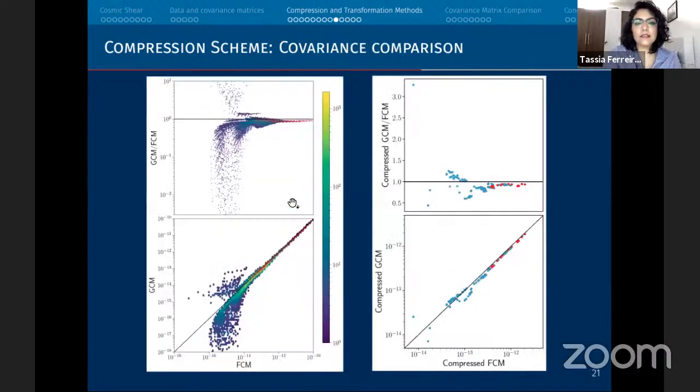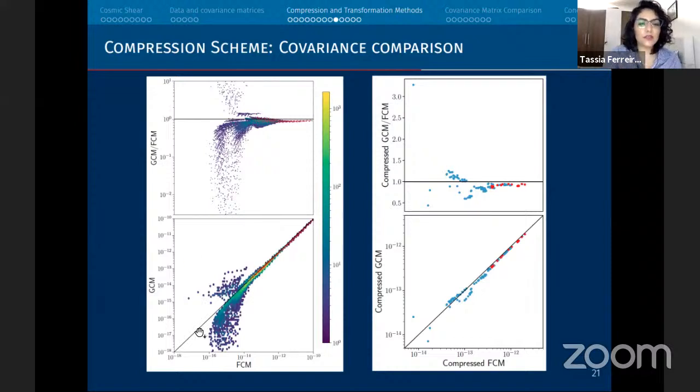And in the sense of covariance matrix comparison, this is also very helpful. FCM is basically your DES covariance matrix, and GCM is the Gaussian one. For the full covariance matrix, the one-to-one analysis, which is honestly something that we don't really do because there are so many elements here, you see that there's this large region of disagreement.